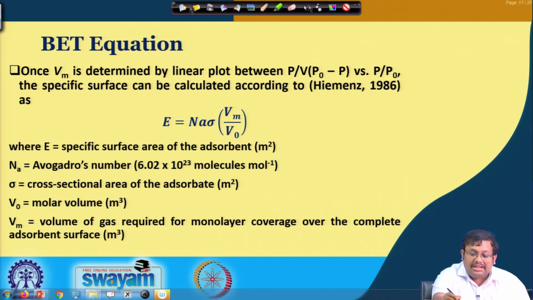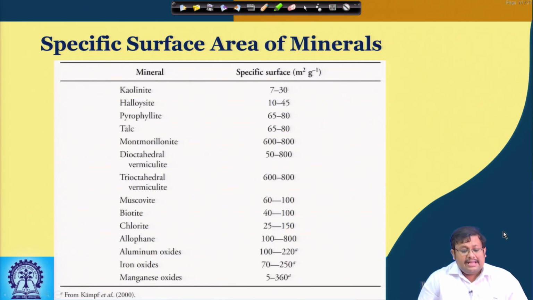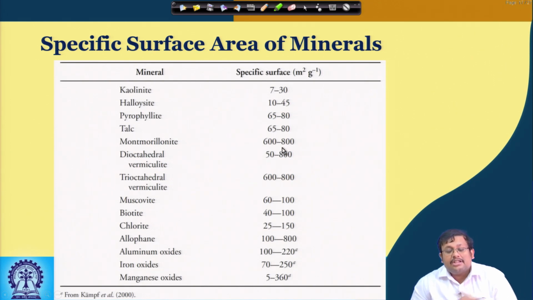Okay. Now, the specific surface area of different minerals, as you can see, varies from one clay mineral to another. In case of kaolinite, it varies from 7 to 30 square meter per gram, whereas in case of trioctahedral vermiculite and also montmorillonite, it varies from 600 to 800 square meter per gram, because of their high accessibility of the interlayers.